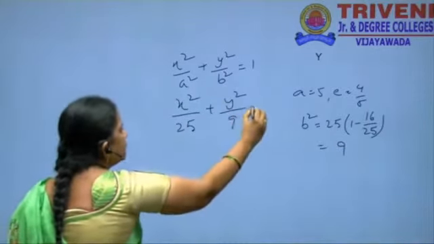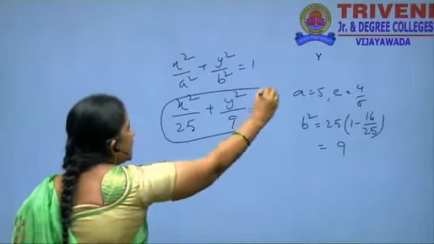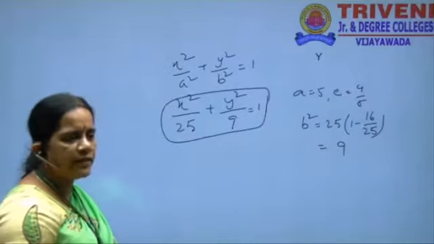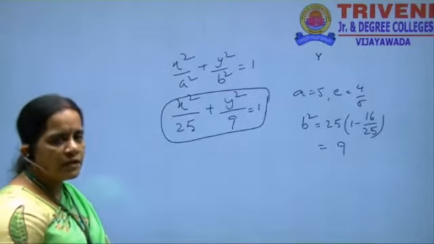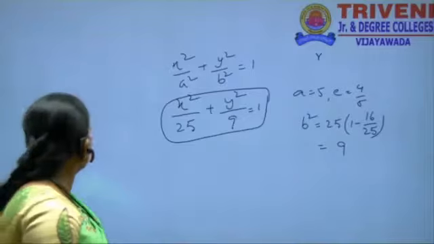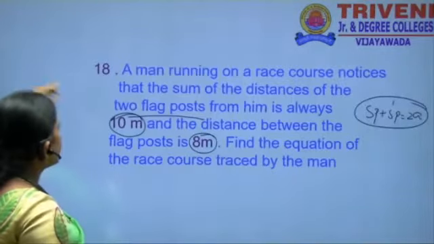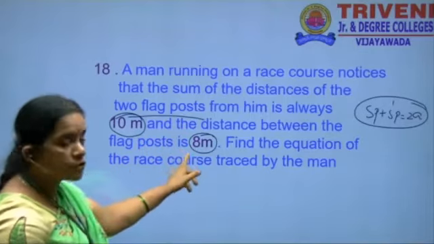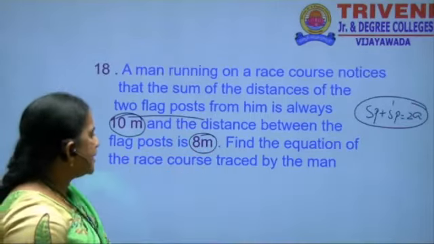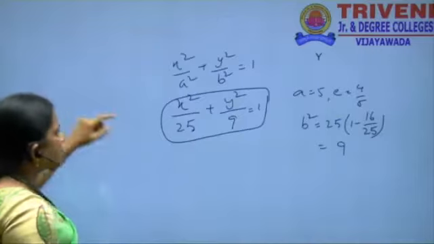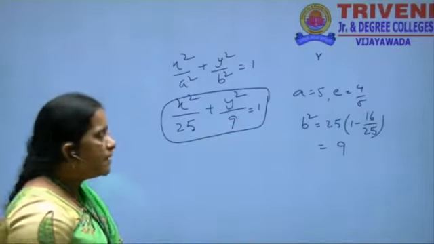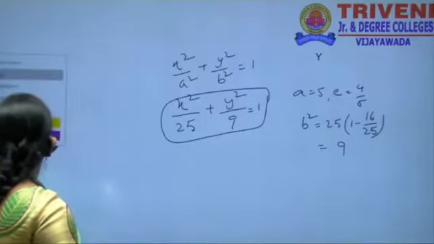This is the standard form of the ellipse. They gave the distance of the flag posts as 8 meters. Then the equation of the ellipse is x square by 25 plus y square by 9 is equal to 1. And then we are going to the next problem.